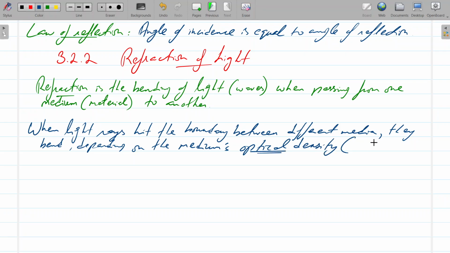What is optical density? How much can it refract? How much can it bend the light?